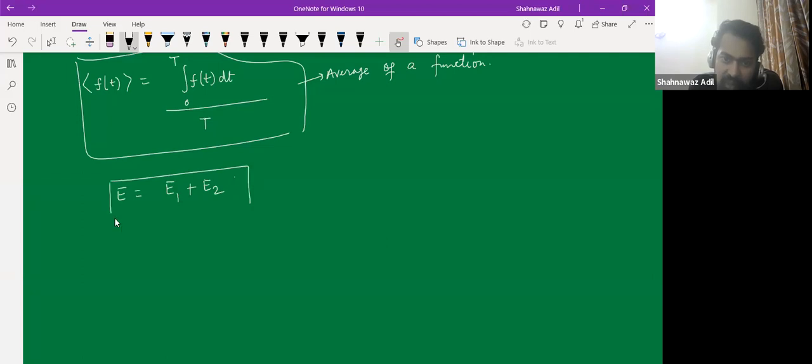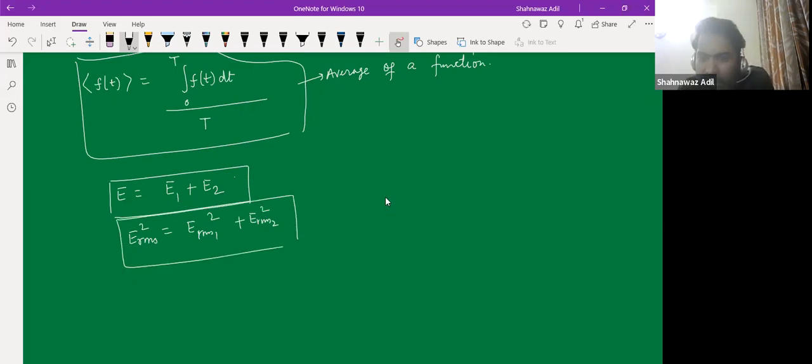Then you write your RMS. So then the RMS of this thing squared would be E RMS of 1 squared, and then E RMS of 2 squared. This is the important result that we write.